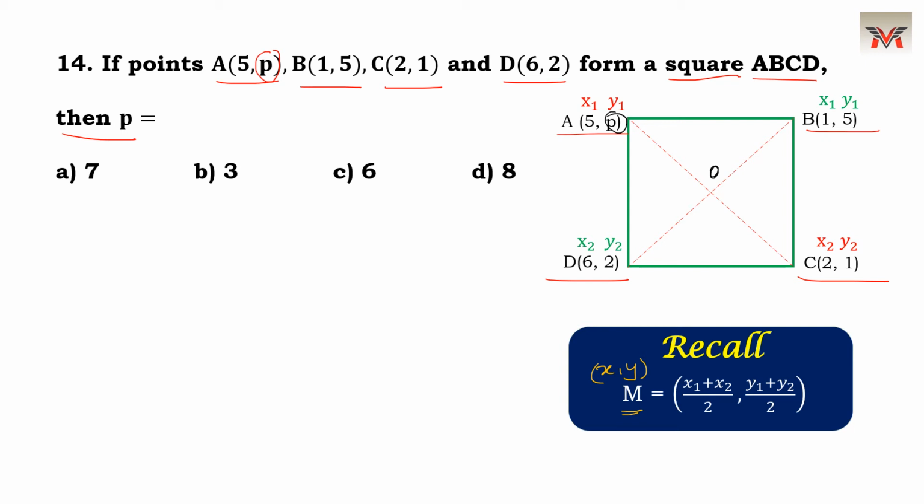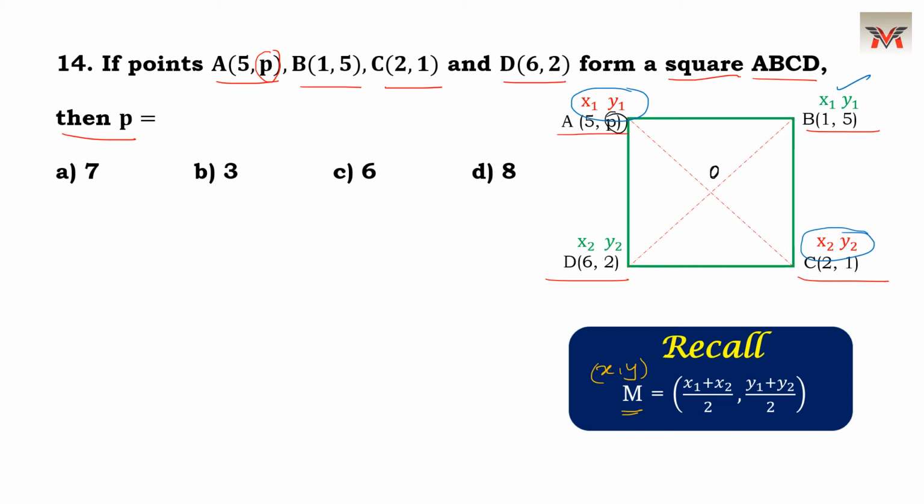Since we are applying it two times, I have taken x1, y1, x2, y2 for the first diagonal, and for the second diagonal it will again be x1, y1, x2, y2.